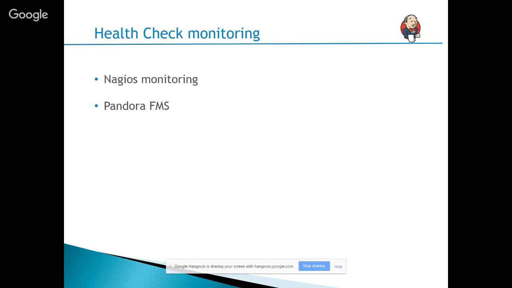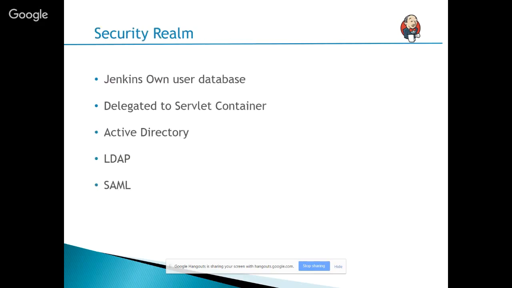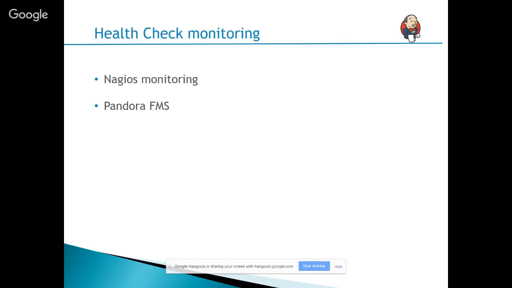Otherwise, your system may go down anytime, and you will have to sit and do the hard troubleshooting. A couple of tools you can utilize for it are Nagios monitoring and Pandora FMS. These are simple monitoring tools available for free.